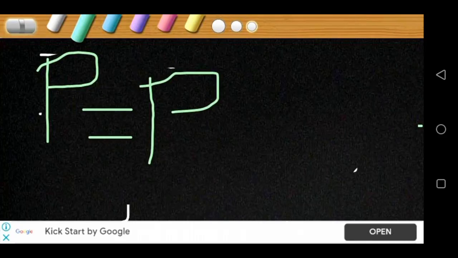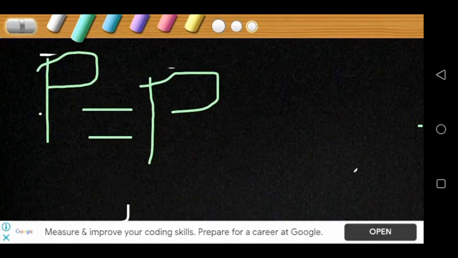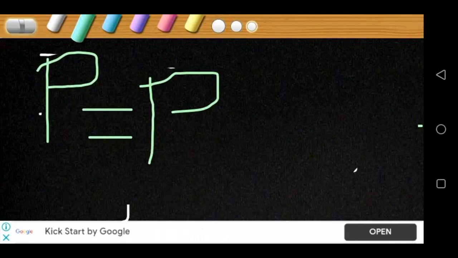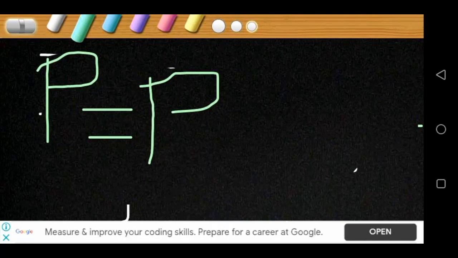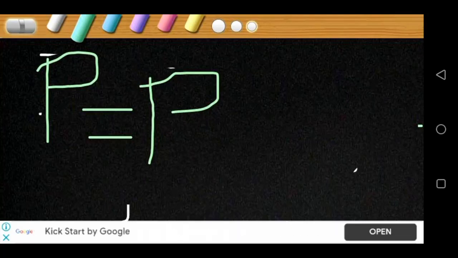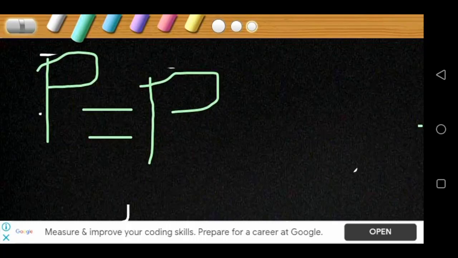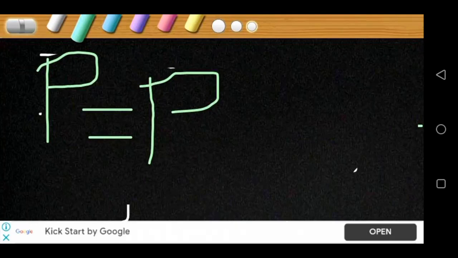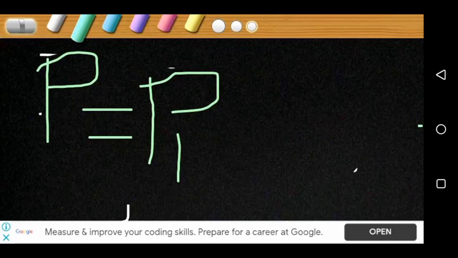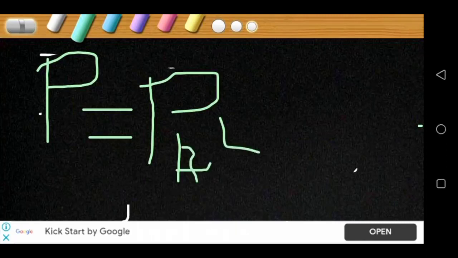P is equal to PA times PB times PC times PD, and so on and so forth, until you get to Pn. So under the multiplication law, you have PA times PB times PC times dot dot dot until you get to Pn. I'm trying to write it here so that you can see what I'm saying.